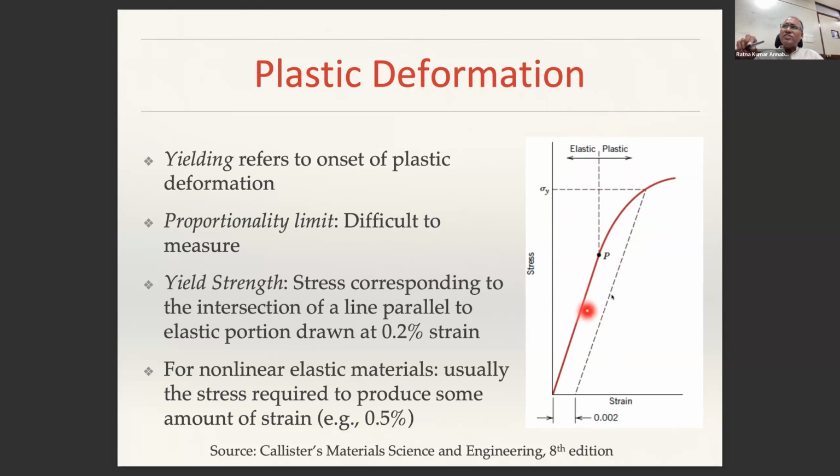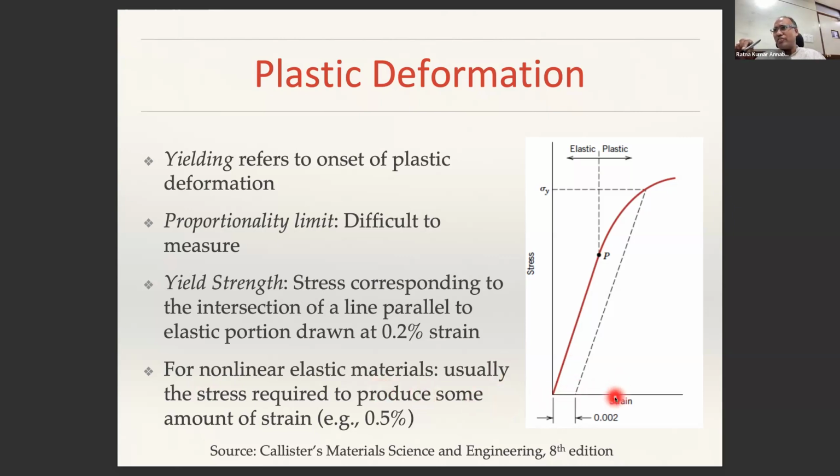But that is fine as long as the material is linear elastic, because I can draw an offset line parallel to this. What happens if the material is non-linear elastic? That means there is not a single straight line. The curve to begin with is a non-linear curve. Then I cannot draw a 0.2% offset, right? Then the prescription is, if the material is non-linearly elastic, you look at 0.5% strain.